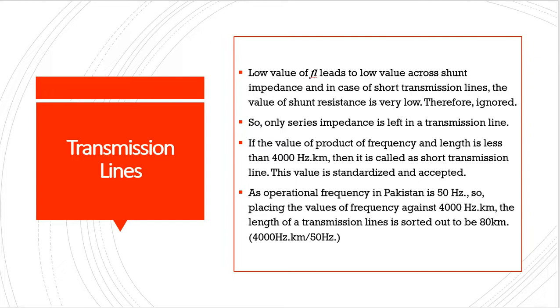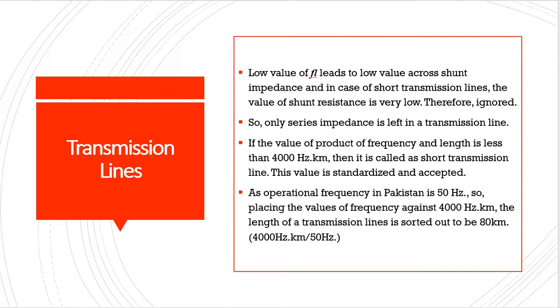We have also found that in a short transmission line the capacitance factor is ignored, and after ignoring it we are left with the series impedance, in which we have the series connection of a resistance with a reactance, right.